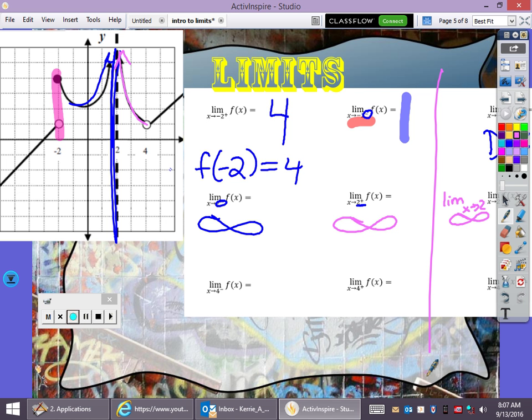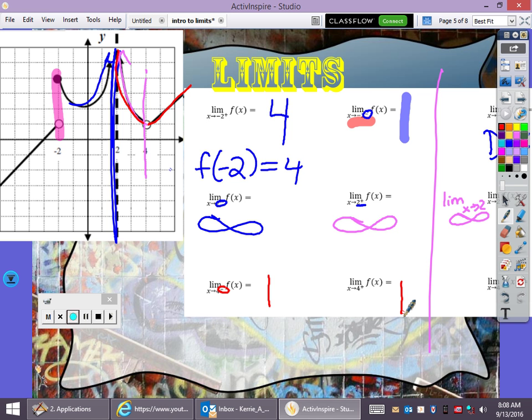Now we're at 4. We're concentrated on 4 right here, and I'm coming in from the left. When I approach from the left, what is my value? 1. When I come in from the right, what is my value? Now, this is not on your paper.